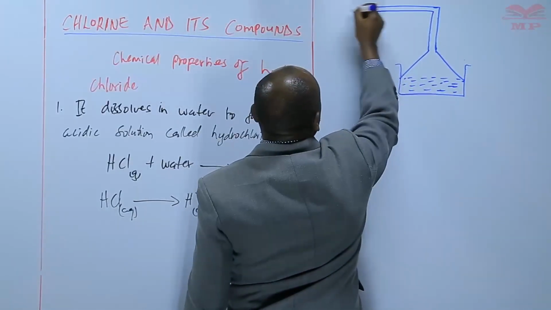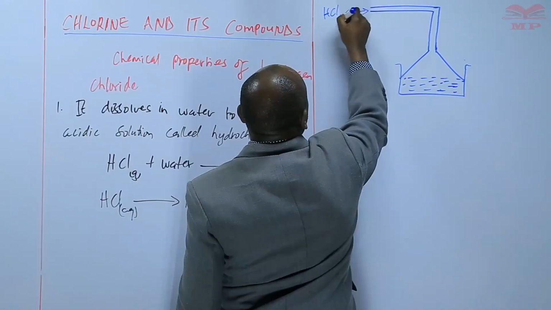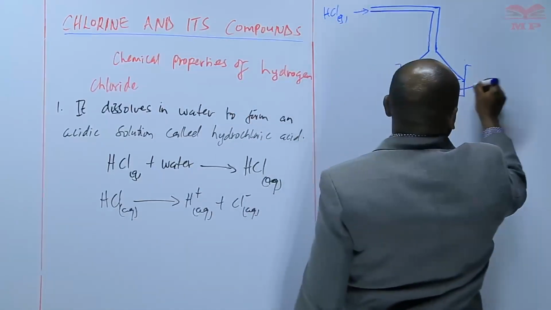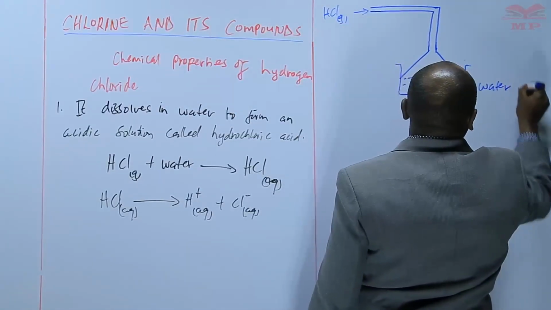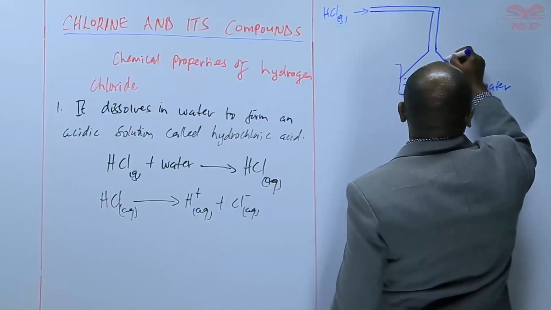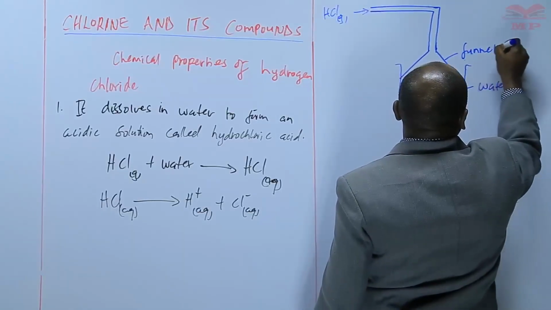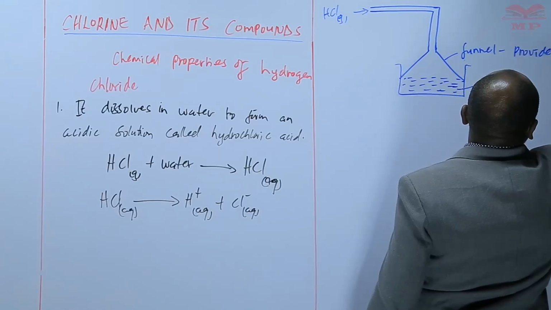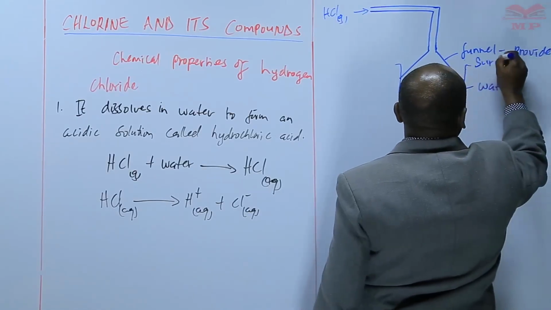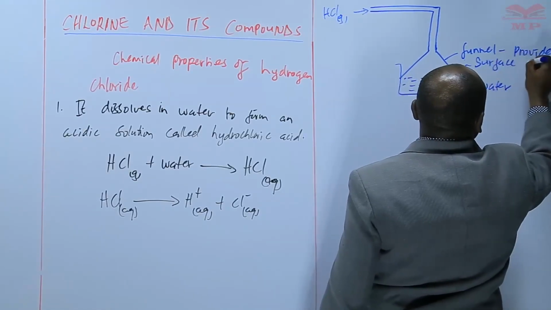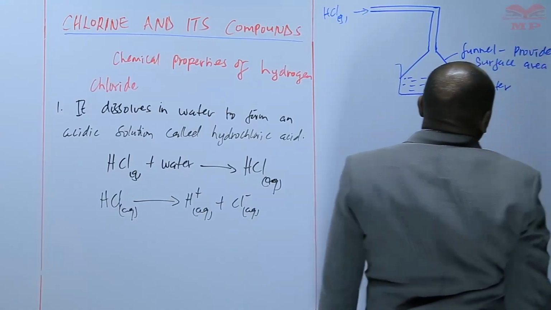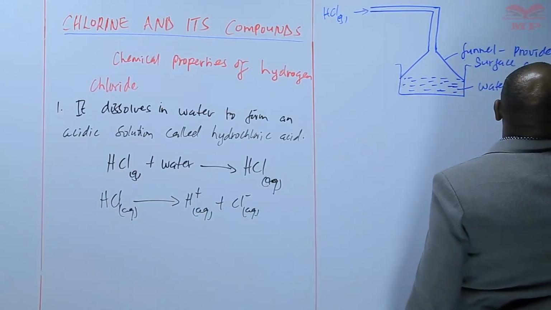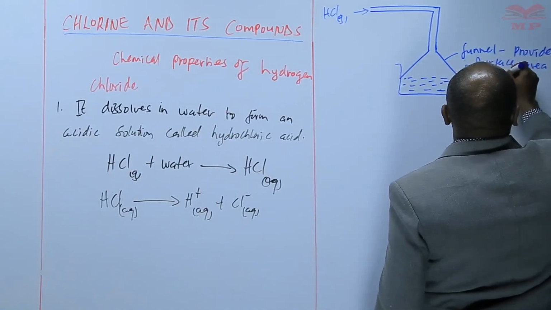So we have HCl gas, then we have water here, and of course we have the funnel to provide a large surface area for the gas to dissolve.